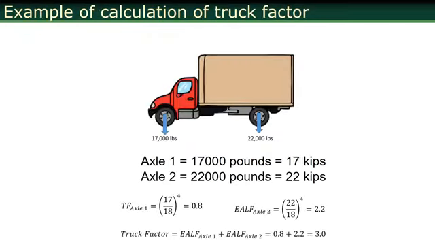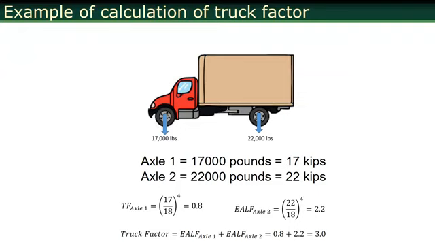So here's an example. If you know the weigh-in-motion stations throughout the state will give you the gross vehicle weight, the gross weight of the vehicle. And then typically we use a method to split into different axles. If there's any way you can directly measure the axle loads, that will be better.